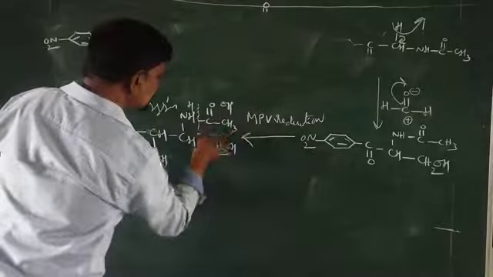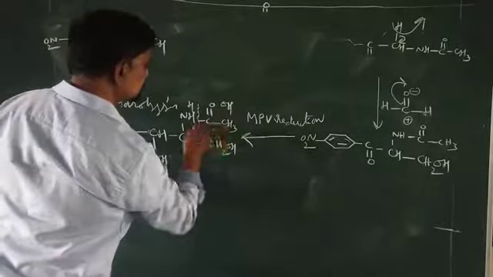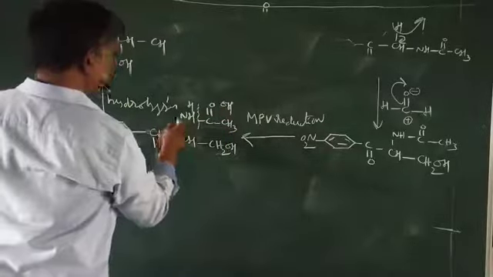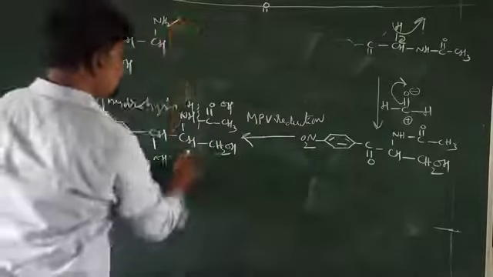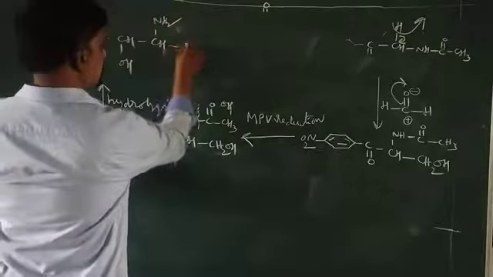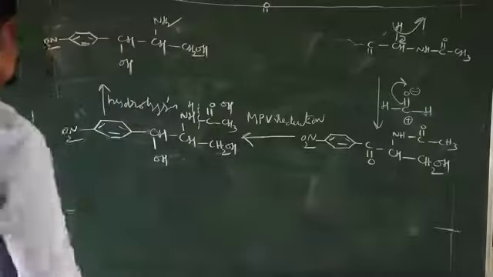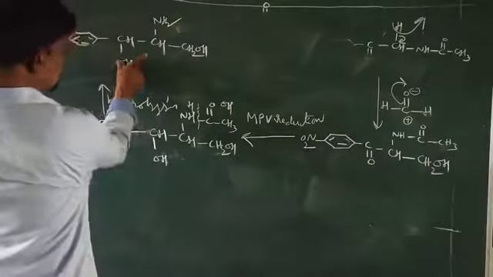So CH3COOH is eliminated. So the remaining portion CH bond NH2, and the alcohol CH2OH. So this compound on hydrolysis, we will get this compound.